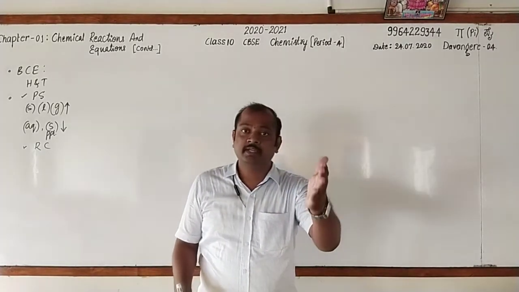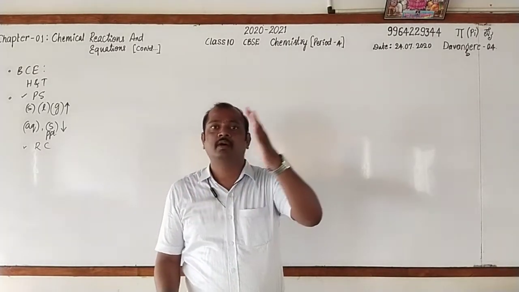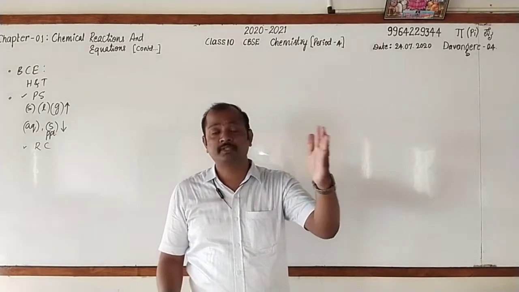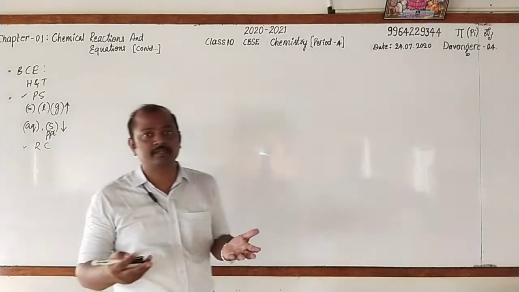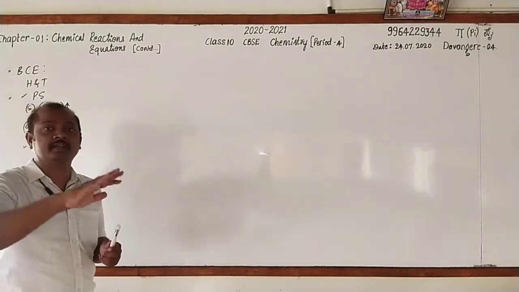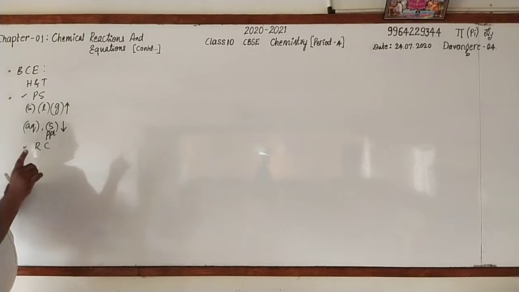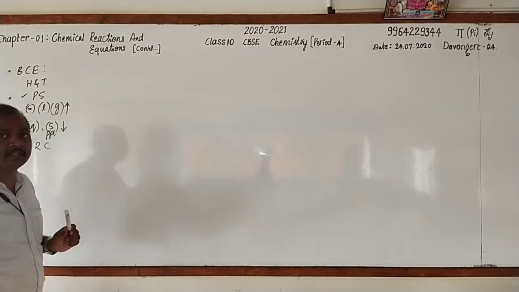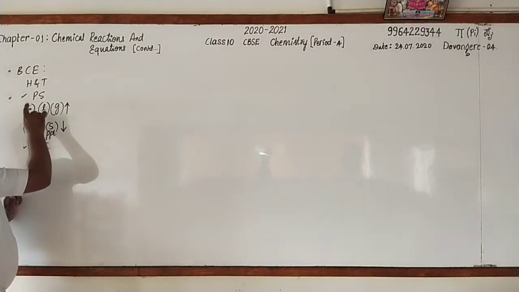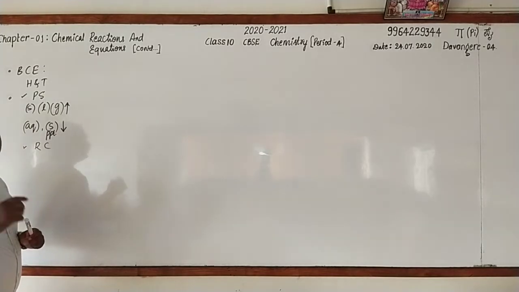Sometimes it takes place at a particular temperature or pressure, in the presence of a catalyst, in the presence of sunlight, or by passing electricity. So these are all the conditions. Got it? By indicating the reaction conditions, we can make it more informative.